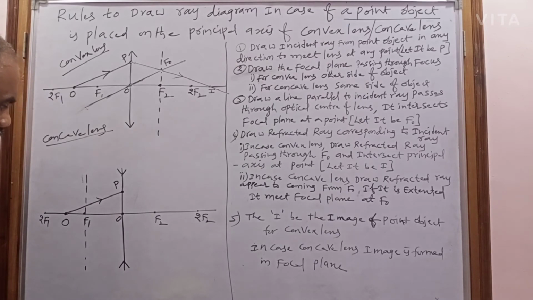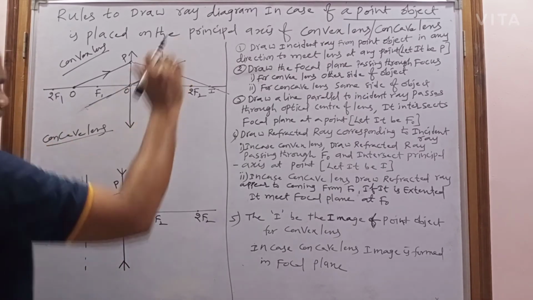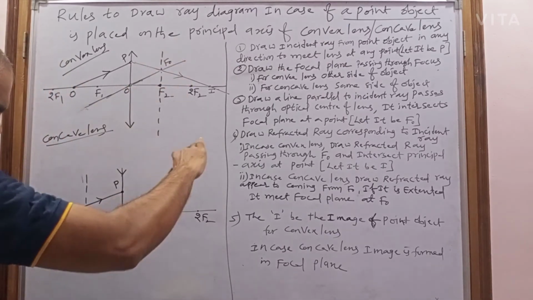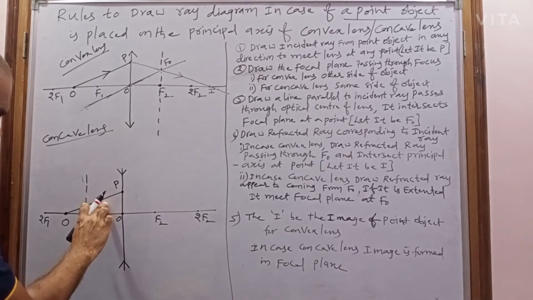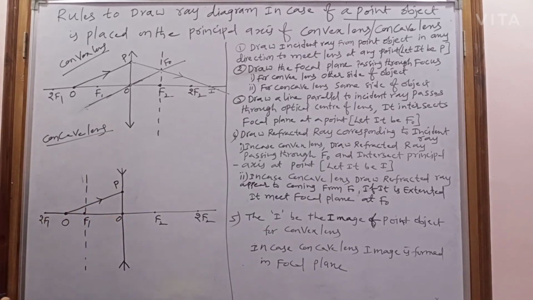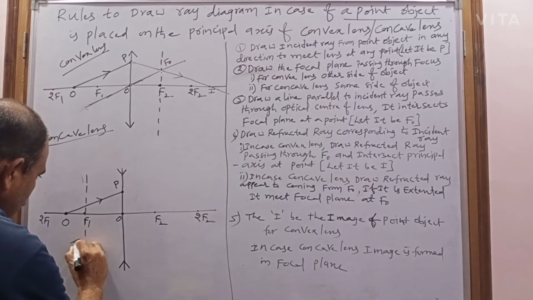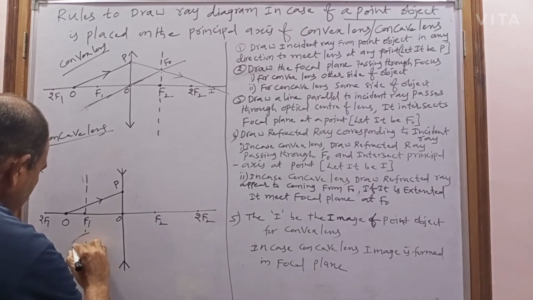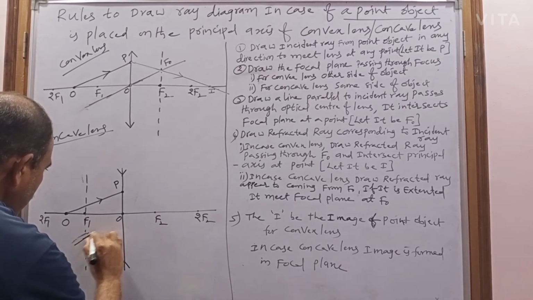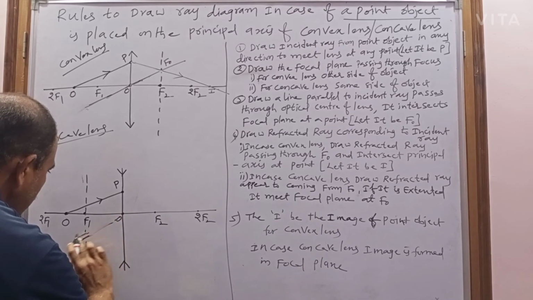And next one, the third rule. What is the third rule? The same: draw a line which is parallel to the incident ray and passes through the optic center. Now I am drawing this.